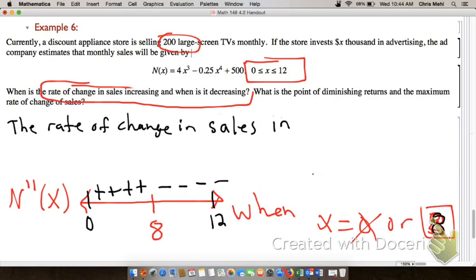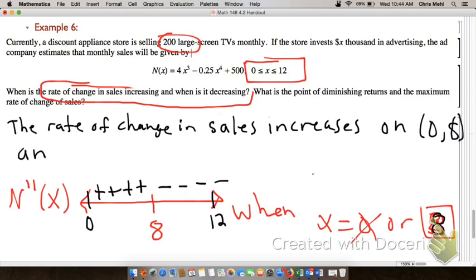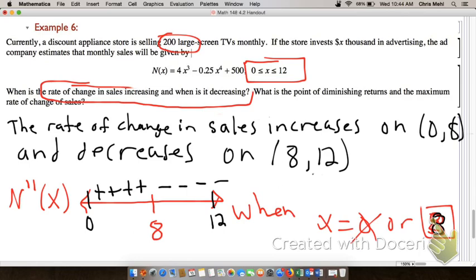So what I can say is the rate of change in sales increases on the interval 0 to 8 and decreases on the interval from 8 to 12.